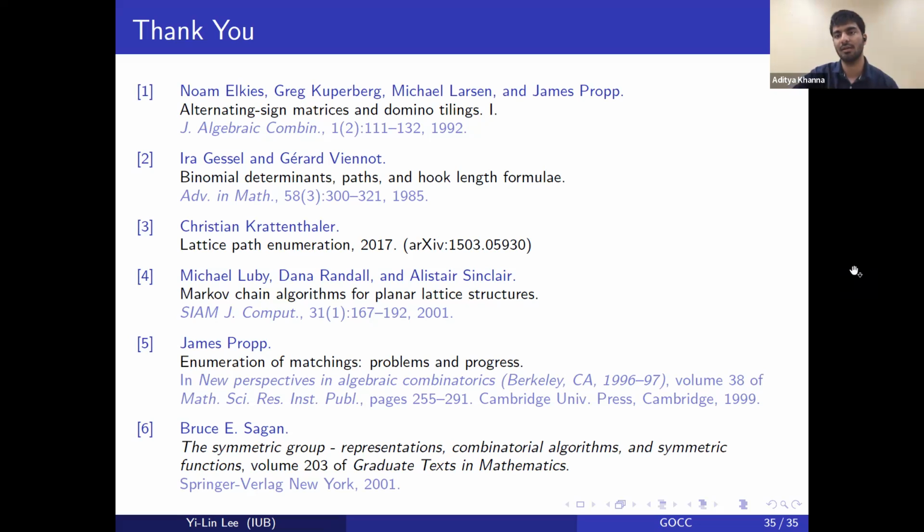So one of the questions is that Robbie asked about the determinant of the M star matrix, and if it's related to the permanent of the matrix M. Well, let me see. Permanent. It's a totally different matrix.